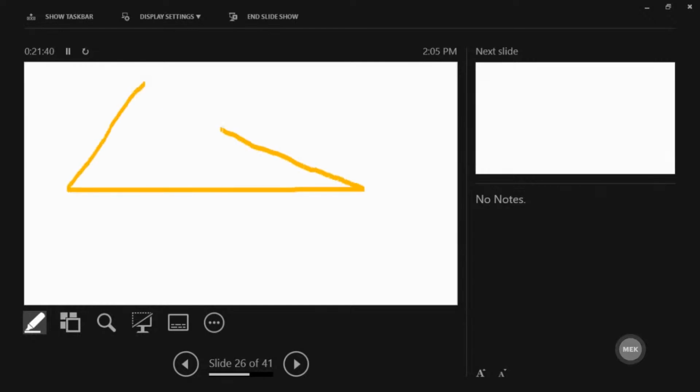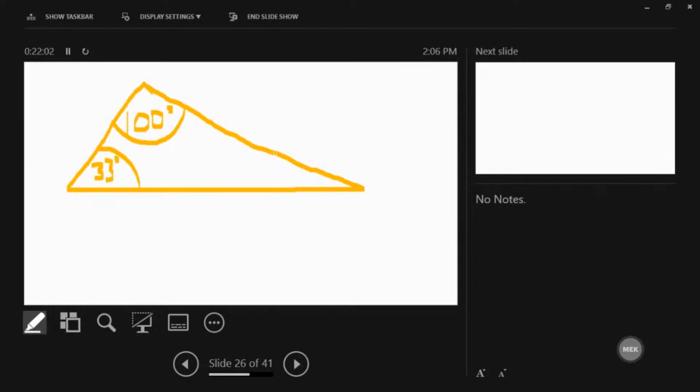All right, so we have our regular triangle. I want you to tell me what kind of triangle this is. When I put in the angle, so let's say this is 100 degrees. And this is 33 degrees.